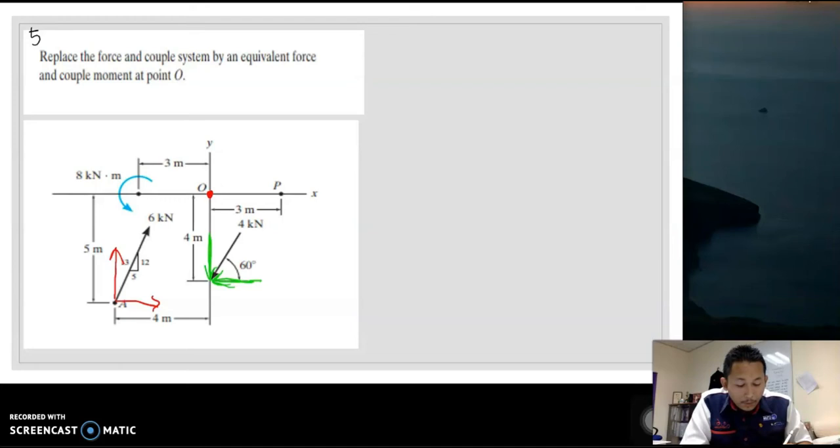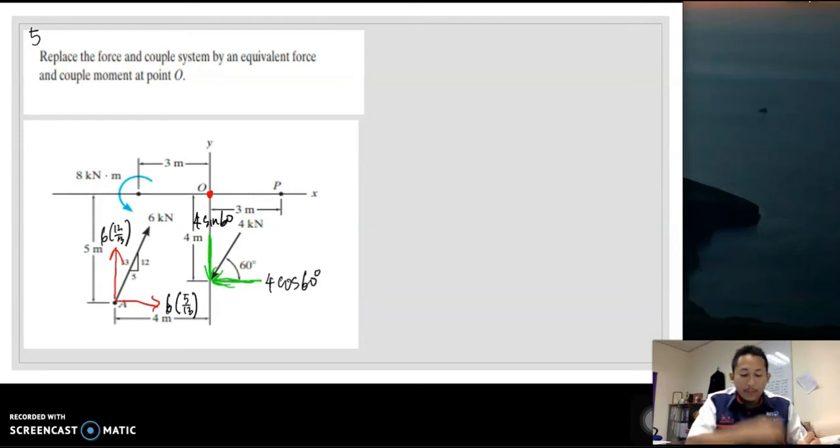Okay, so now for 4 kilonewton, X direction, we have 4 cosine 60, and this is 4 sine 60 in the Y direction. For X direction, we have 6 kilonewton times 5/13. And then for Y direction, we have 6 times 12/13.